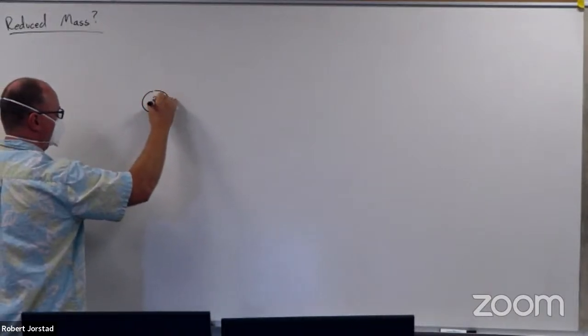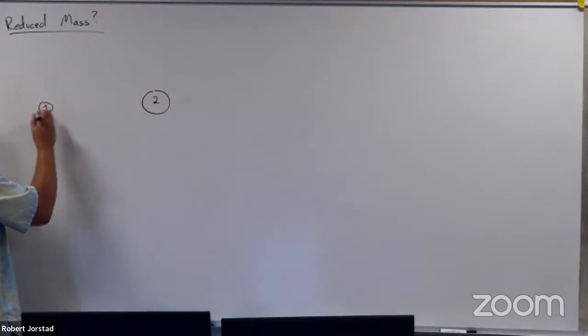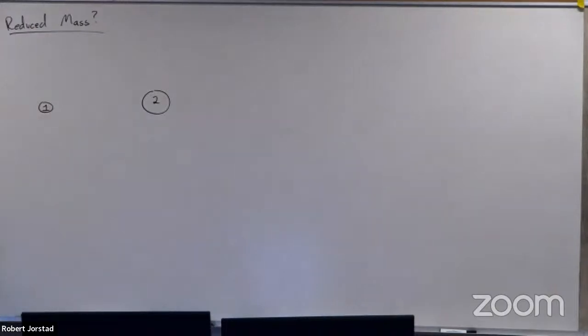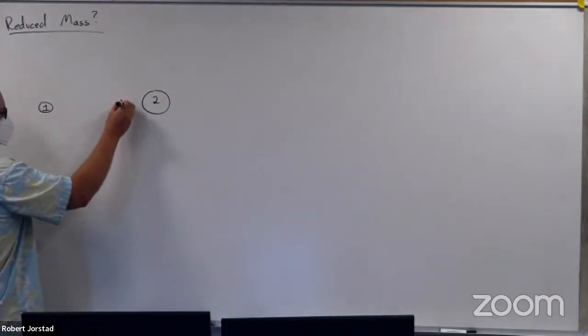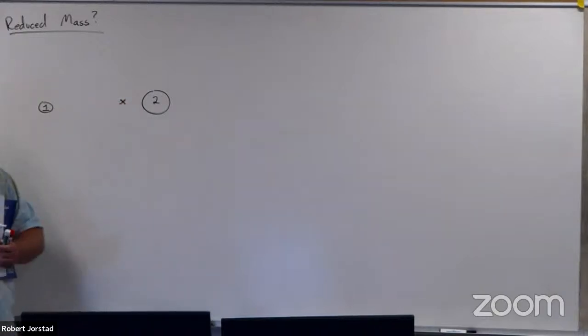So let's say we have object 2 right here, and object 1 is smaller over here. But for some reason, the center of mass is between the two, right? The center of mass is not at the center of 2, because 2 is not infinitely large. Turns out the center of mass of the Earth-Moon system is not at the center either.